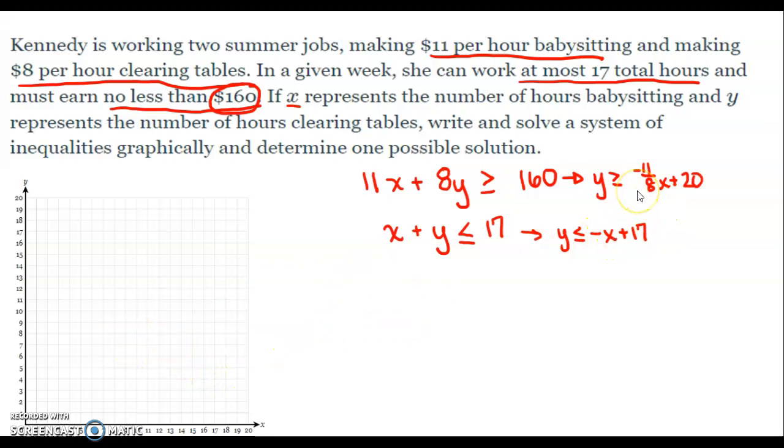So let's graph these real quick. So this one starts at 20. That's my y-intercept. And I go down 11 over 8. Down 11. And I draw a really nice line. It's going to be solid, all the way through. And I'm going to shade up.